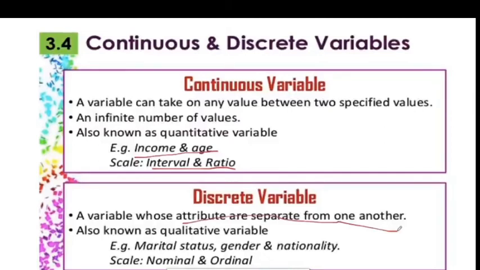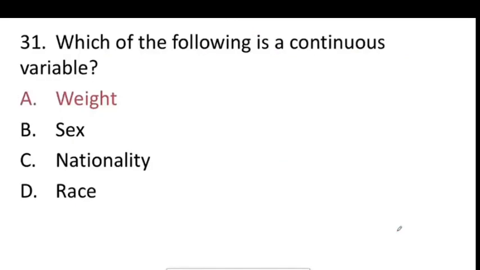It is very distinct. So you can only say either you're single or that you're married or maybe divorced or annulled or legally separated. So hindi pwedeng in between. So in this case here, continuous variable would be weight. Sometimes it can be 50 kilograms, 50.1 kilograms, 53.4 kilograms, and so on.